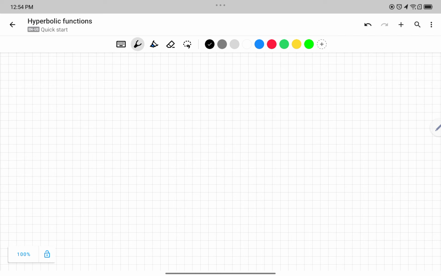So now, since we know how our hyperbolic sine x, cosine x, tan x look, you could also plot the others like hyperbolic secant x, cosecant x and cot x.